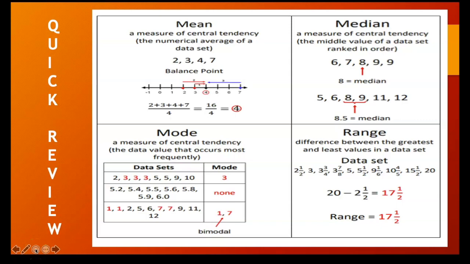Your range is just the difference between the greatest and the least value in your data set. Your range is really not considered a measure of center, but we will be using the range for other purposes, okay?